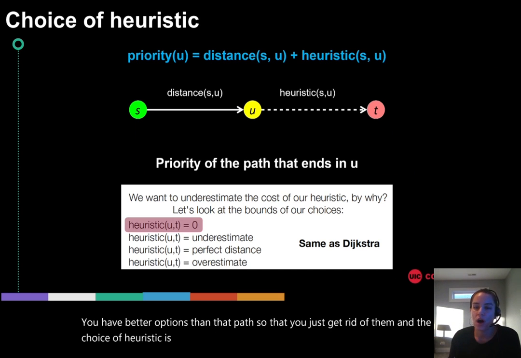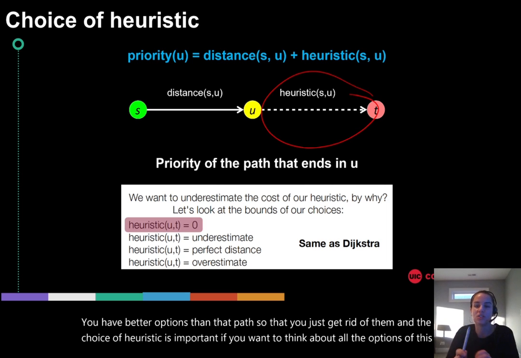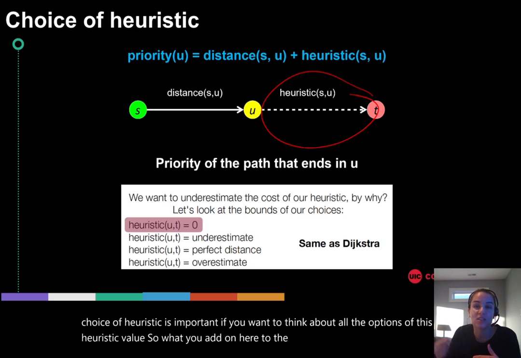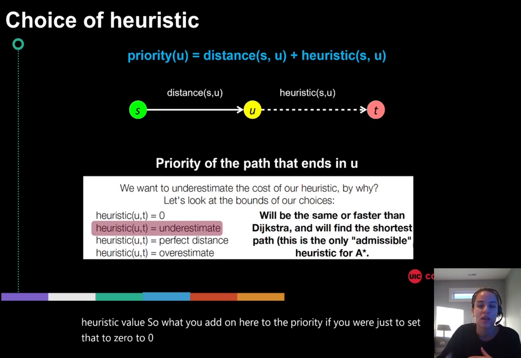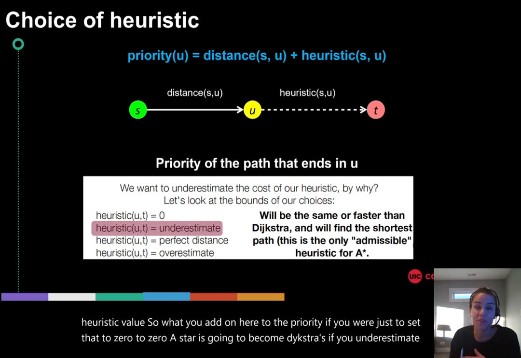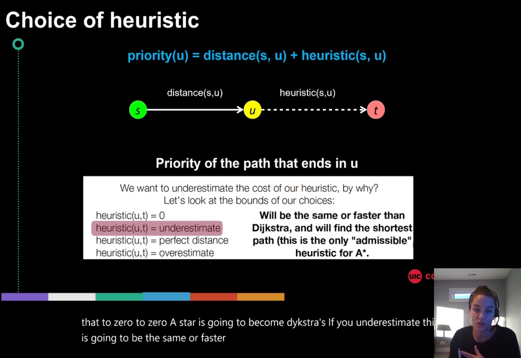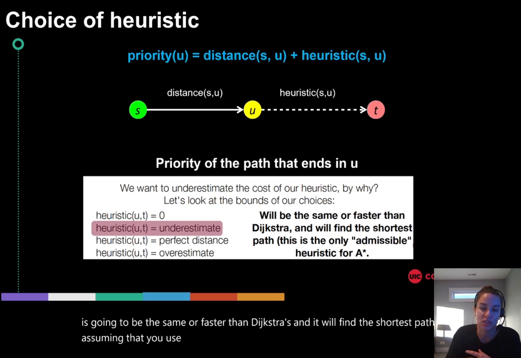If you want to think about all the options of this heuristic value, so what you add on here to the priority, if you were just to set that to 0, A star is going to become Dijkstra's. If you underestimate, this is going to be the same or faster than Dijkstra's, and it will find the shortest path, assuming that you use an admissible heuristic.